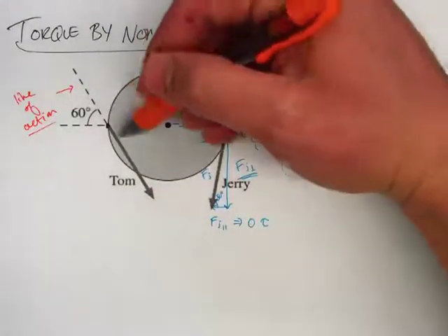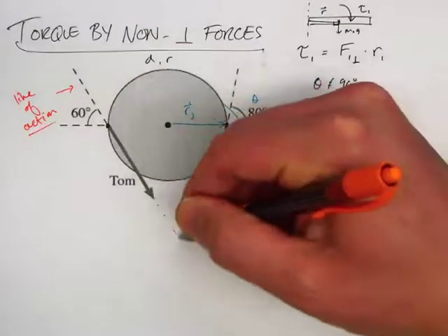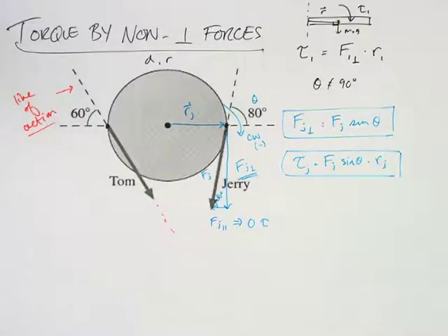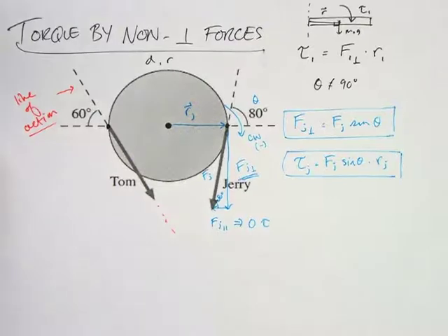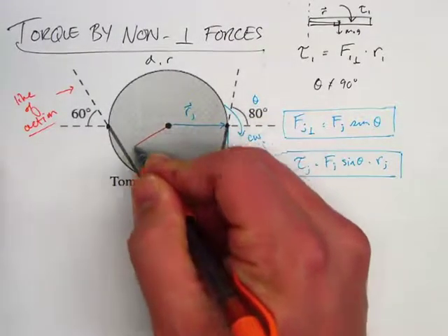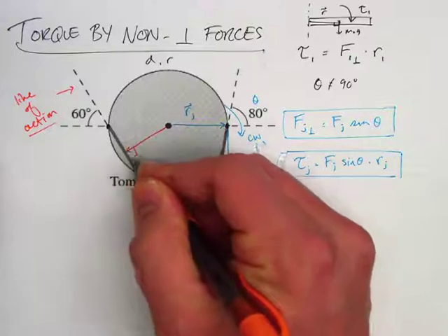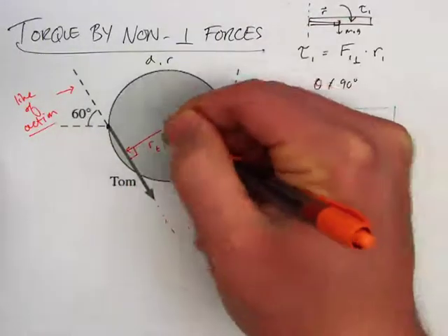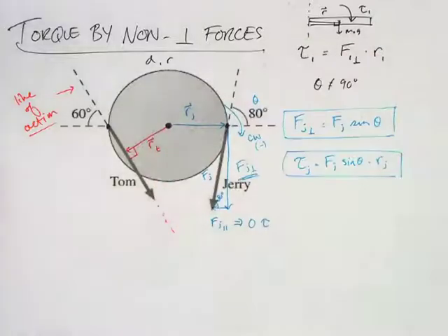So the force is acting in this direction, so if I take a dotted line through that force, that's the line of action of the force. And what I'm going to do now is draw my lever arm from the point of rotation, and I'm going to draw it so that it makes a 90-degree angle with the line of action of the force.